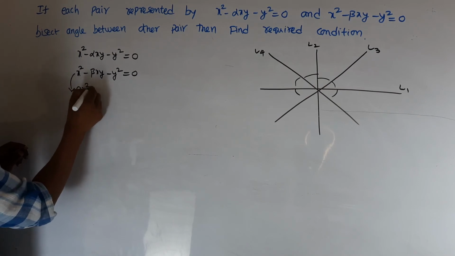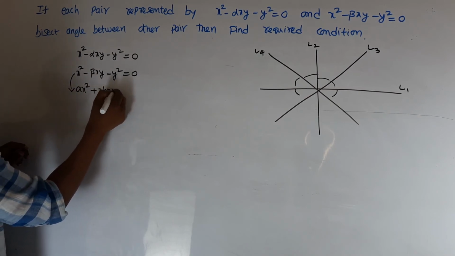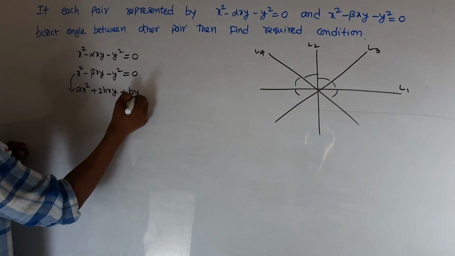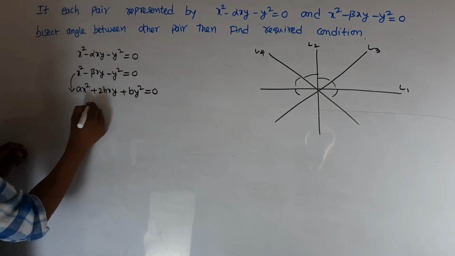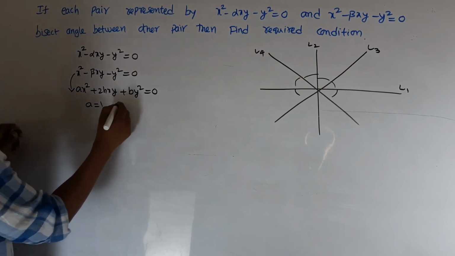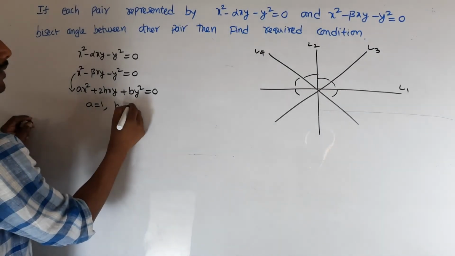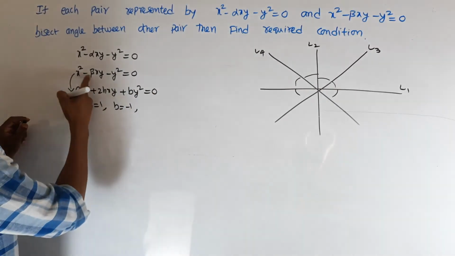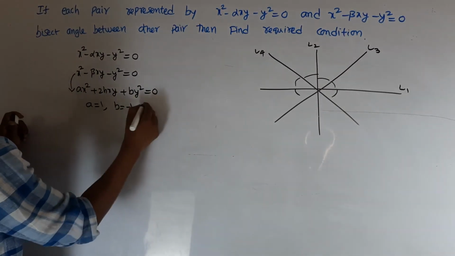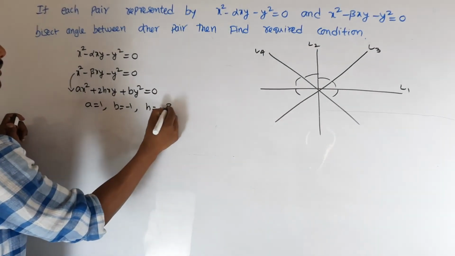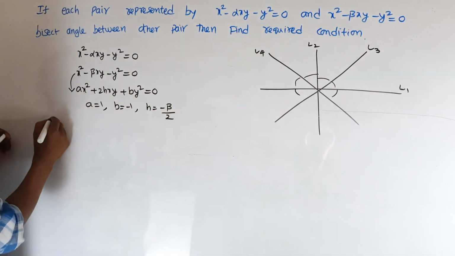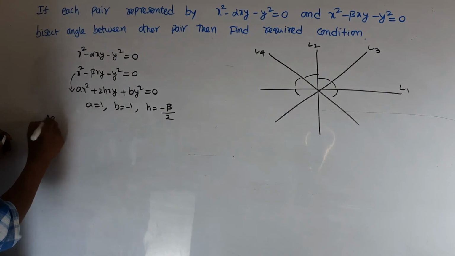Now compare with ax square plus 2hxy plus by square equal to 0. a equal to 1, b equal to minus 1, 2h equal to minus beta, h equal to minus beta by 2. Now angular bisectors.